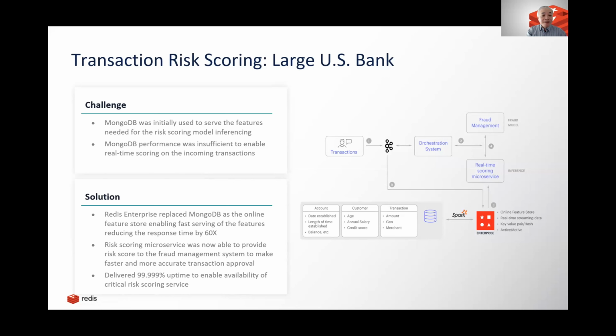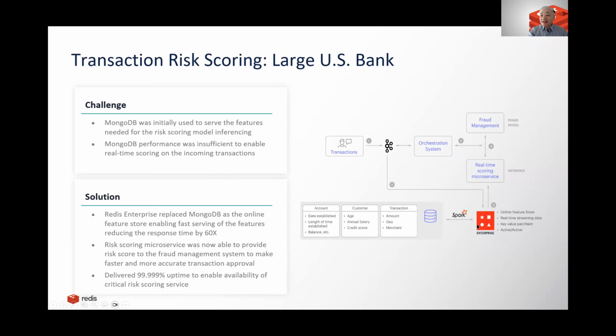What ended up happening is that they did a POC with Redis and decided to go with us as the online feature store. We were able to improve the serving of those features to the model by up to 60x using our in-memory architecture. So now the risk scoring microservice was able to provide that risk score to the fraud management system and make faster and more accurate approvals or denials of that transaction.